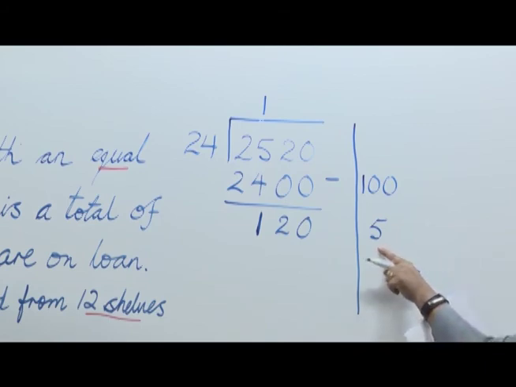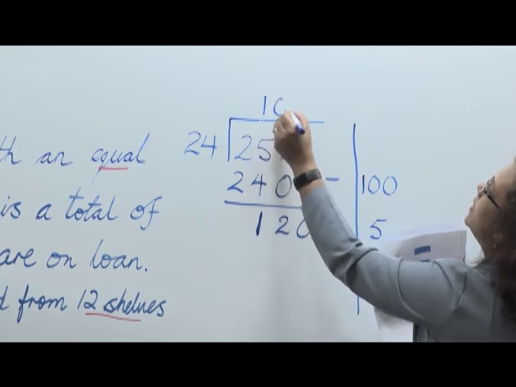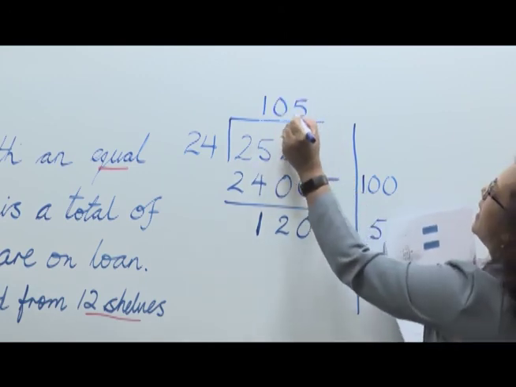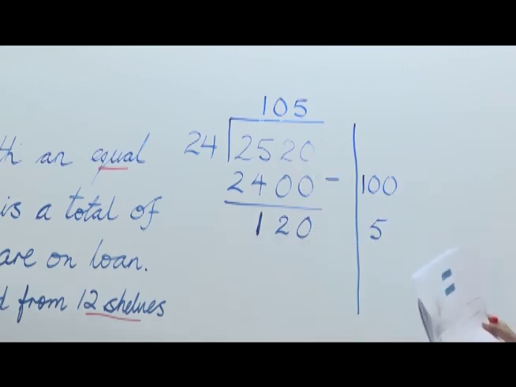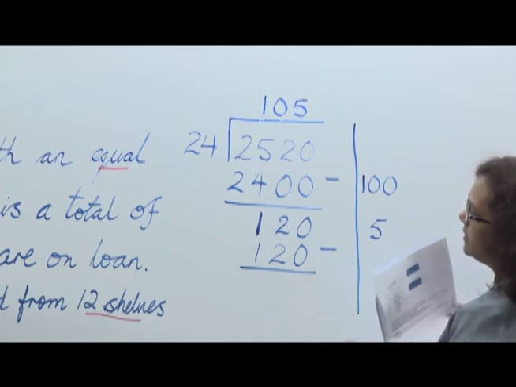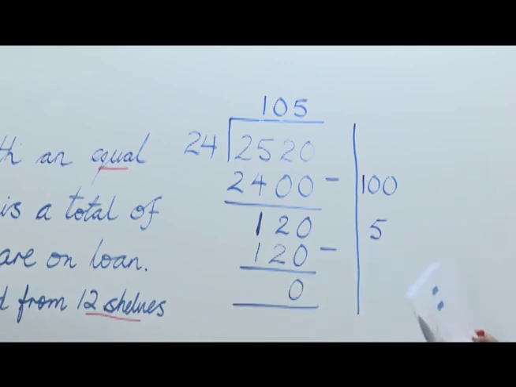But this 5 here is 5 ones. Therefore, I have no tens there, and I have 5 ones. 5 times 24 is 120. When I subtract, I get no remainder. And this is my partial quotient.